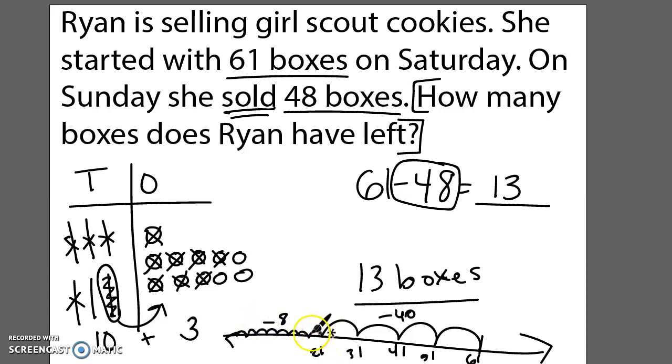And then counting back, 20, 19, 18, 17, 16, 15, 14, 13. That is 13. So we get the same answer, 13 boxes.